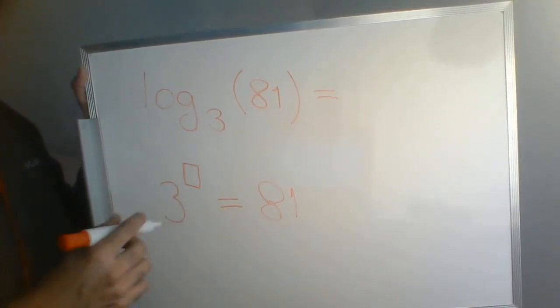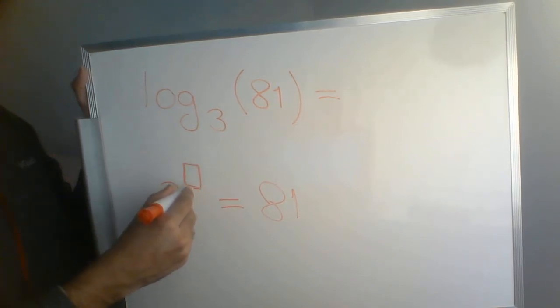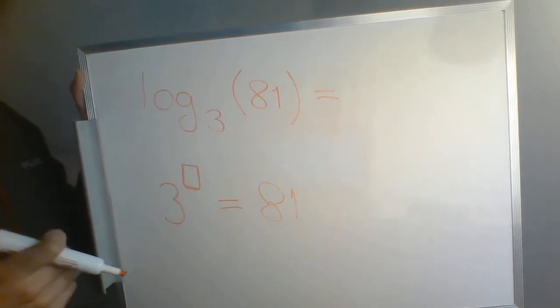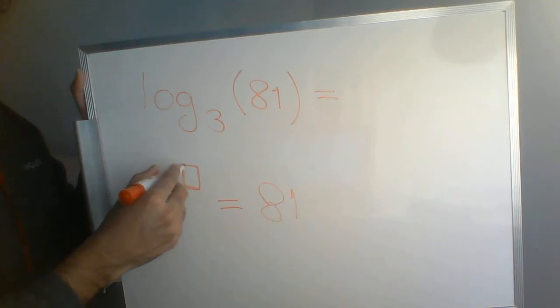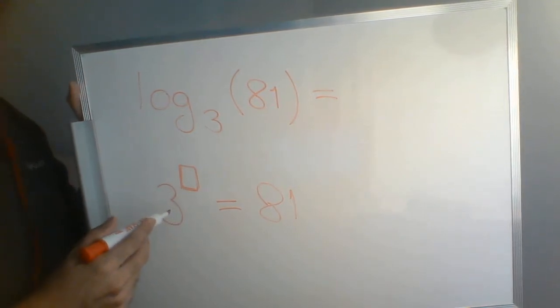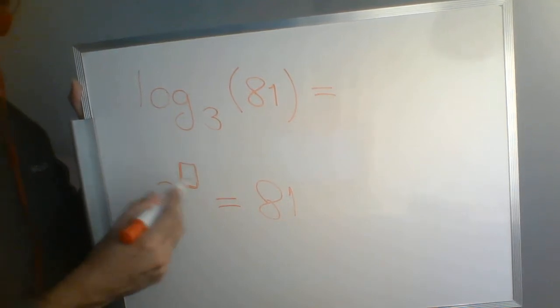And if you plug this into your calculator, you might see a box. There's an option to put exponents into your calculator, and if your calculator is capable of that, depending on the display, you might see a box like that. You plug in the 3, and then you push a button, and it goes up there and gives you that box.